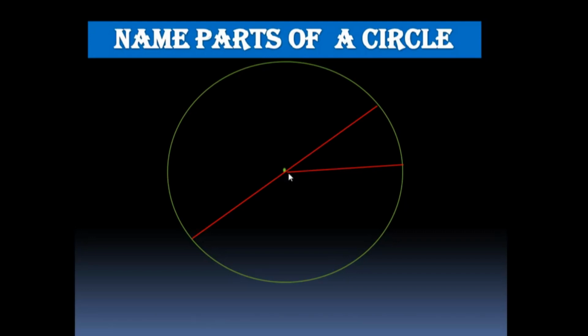And so here we have it again. What line is this? Well, since it starts from the center towards the circumference, we call it a radius. And it's this length, the radius length, that you use to construct a circle. Do you have another line?